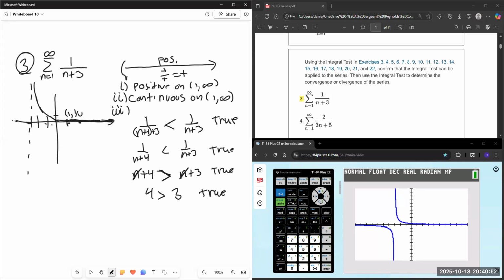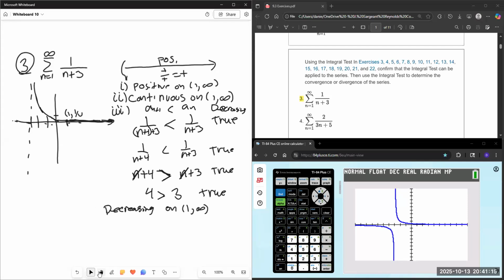And it's true that a sub n plus 1 is always less than a sub n, which means that it's decreasing on the entire interval 1 to infinity.